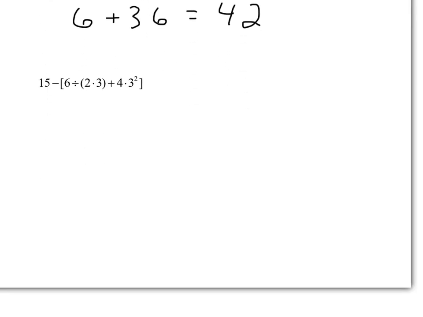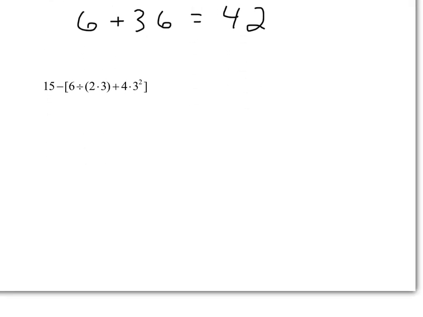Now let's do one with some parentheses in it. So you can change the order you do stuff if you put these grouping symbols in. The square brackets come first, so I'm going to do 15 minus this whole thing, and I'll do what's inside it. So 15 minus, so inside here I have 6 divided by, now the parentheses mean this time I multiply 2 times 3 first, plus 4 times 9 again.